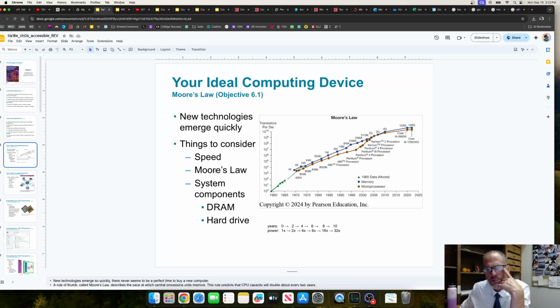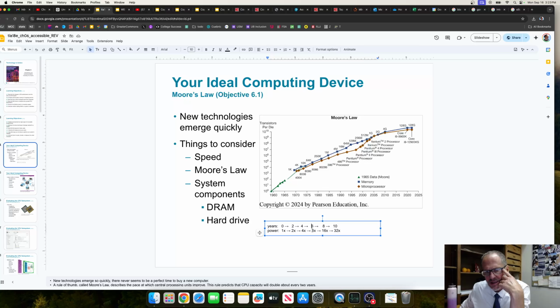And so here you could see, right, if we are at year 0, the current processing power of our computer, let's just call it 1. And if we go 2 years, then new computers will be twice as powerful. And if we go 2 more years to 4 years, new computers then will be even twice as powerful as that. So they'll be 4 times as powerful as your computer just 4 years ago. And if you go 2 more years to 6 years, right, computers will be twice as powerful.